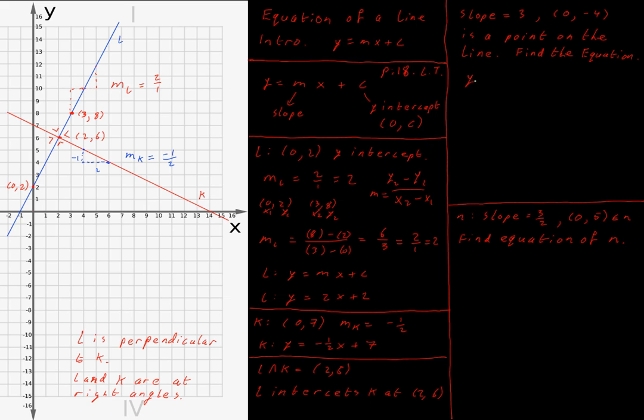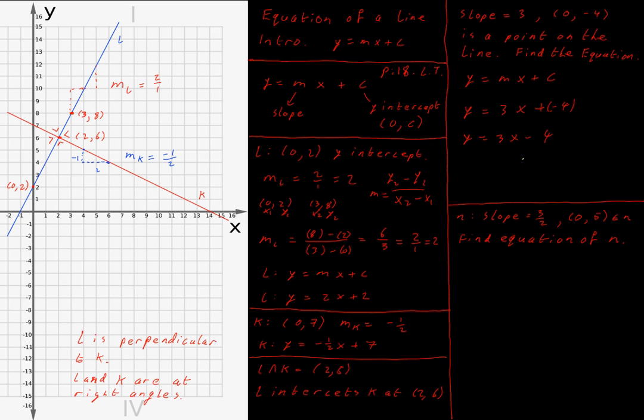So what we can do is write down our formula. y equals mx plus c, and y is going to be the slope, 3 times x, and the y-intercept is the only number we can put in here. And in this case, it's plus -4. So y is equal to 3x minus 4.